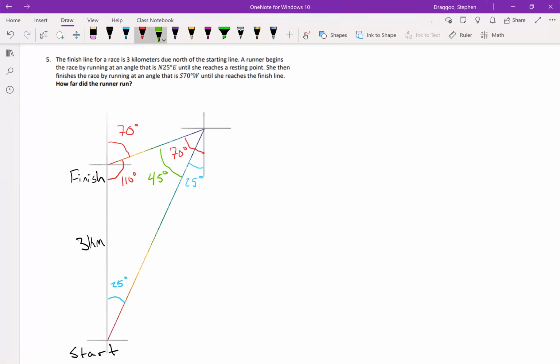And then let's talk about what we're actually trying to find. We want the total distance that this runner runs.